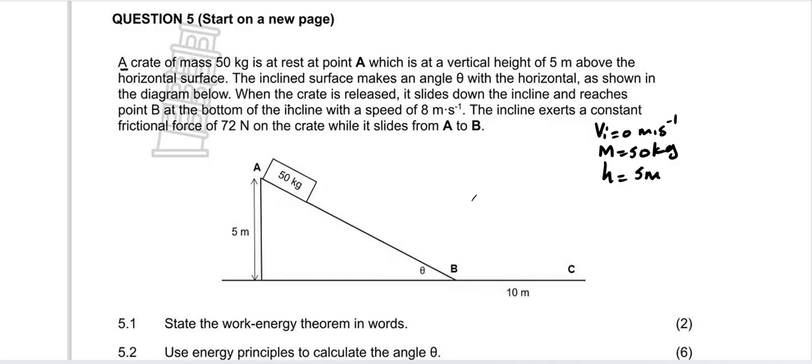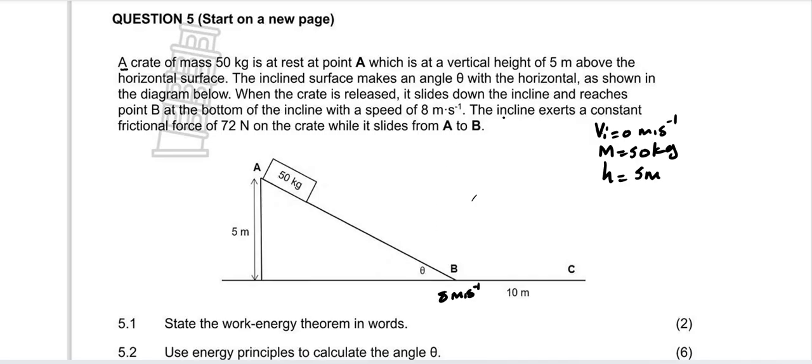When the crate is released, it slides down the incline and reaches point B at the bottom of the incline with a speed of 8 meters per second. Our speed at point B is 8 meters per second.